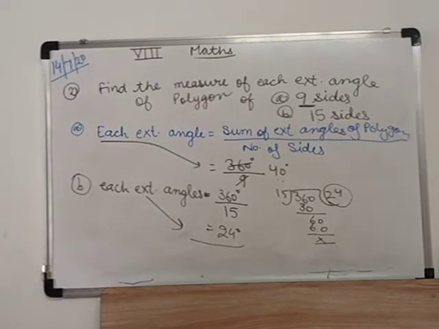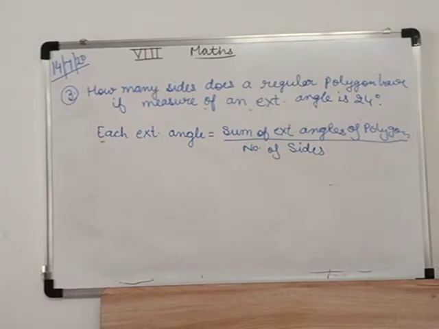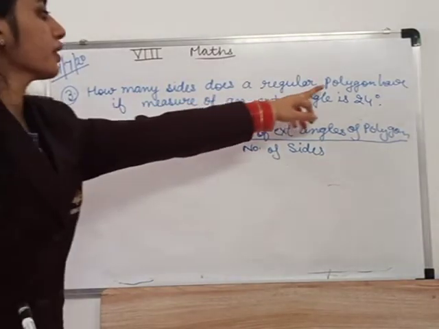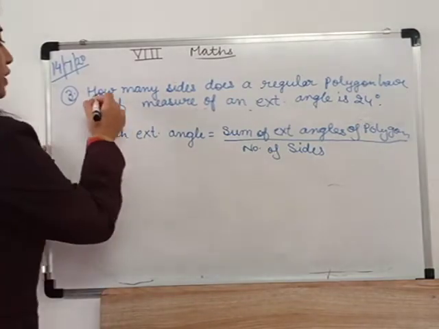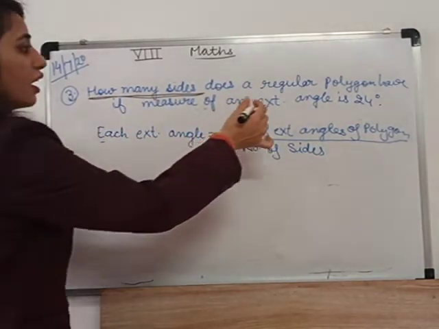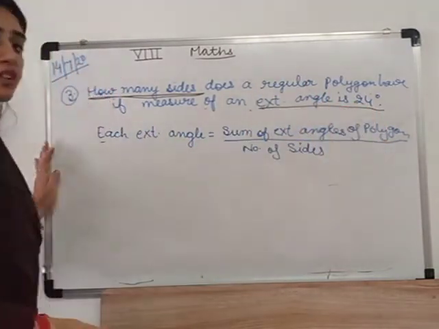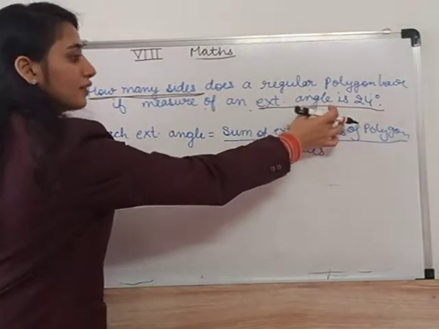Now the third question. What is the question? In question number three: how many sides does a regular polygon have? Now we have to find the number of sides of a regular polygon if the measure of the exterior angle is 24. Now the angle is given.